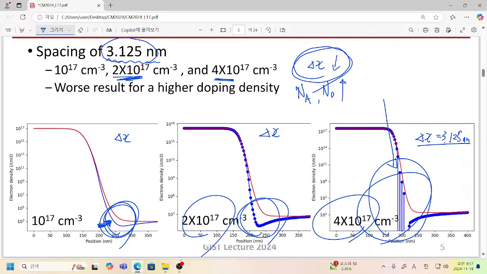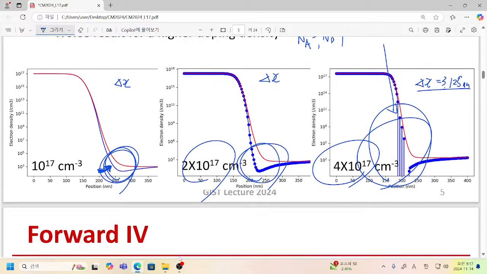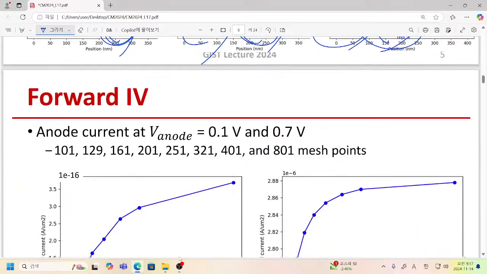So simply speaking, if we have a further and further advanced device like 10 to the 20 per cubic centimeter or 10 to the 21 per cubic centimeter, then the requirement for mesh spacing becomes more strict, and so that will make significant burden on our mesh. So now you can understand this one.